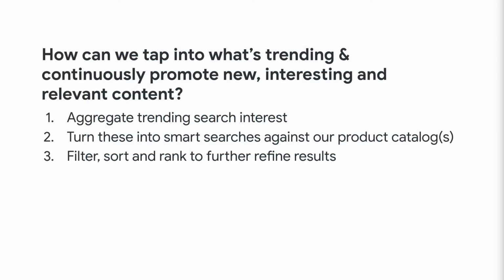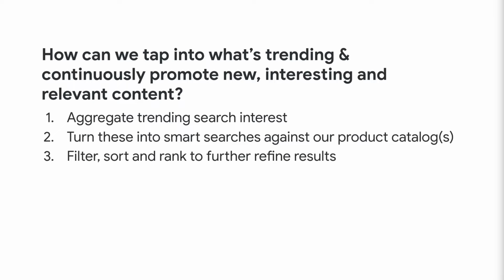To do so, we have to address three key technical challenges. Number one, how do we aggregate trending internet search interest at scale? Number two, how can we then turn these interests into targeted discovery operations against our content catalog?